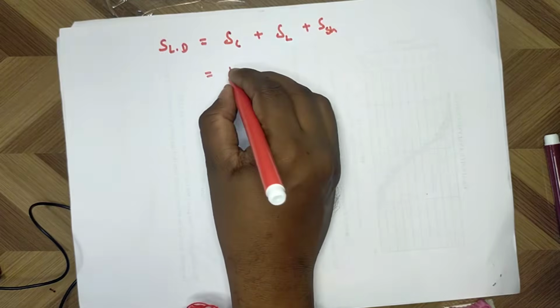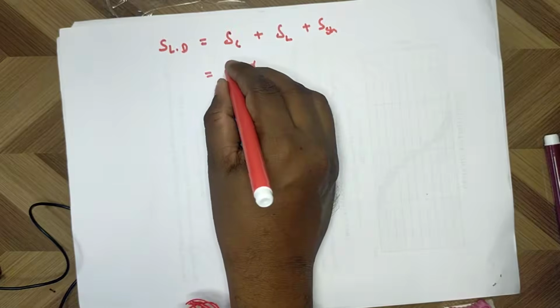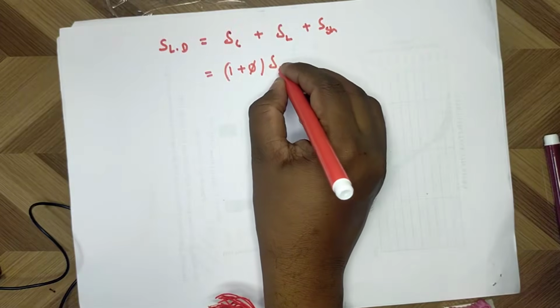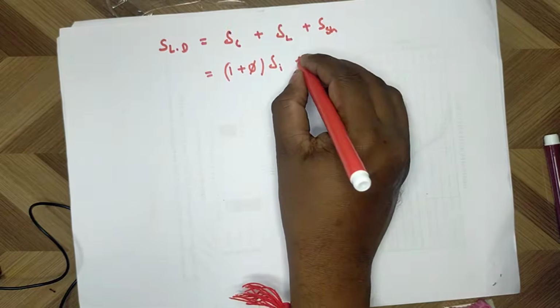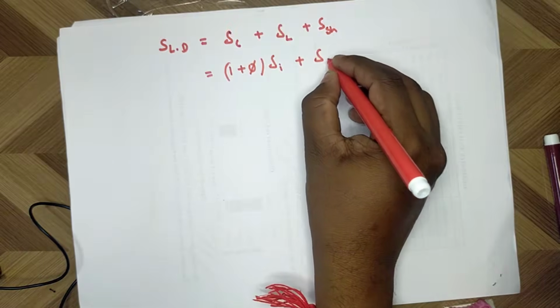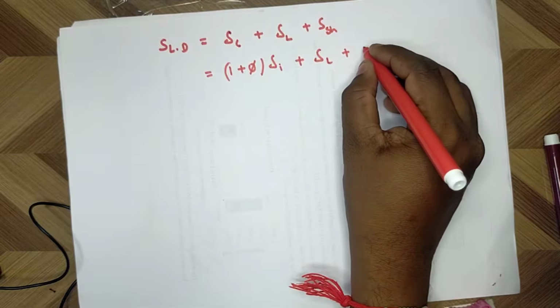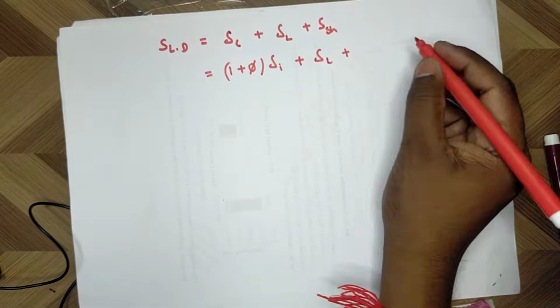Deflection due to creep is 1 plus pi times instantaneous, plus deflection due to live load plus deflection due to shrinkage. If the loss is given, then we can substitute here.